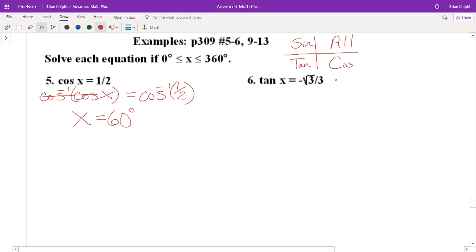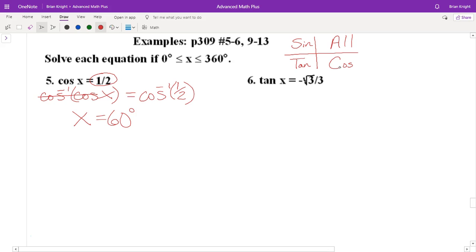So how can I use that? Well, up here cosine was what kind of number? Positive or negative? It's positive. So that also means there's another angle in which quadrant that would give me 1/2? The fourth quadrant. So basically, I have to figure out what is the 60-degree angle in quadrant 4.